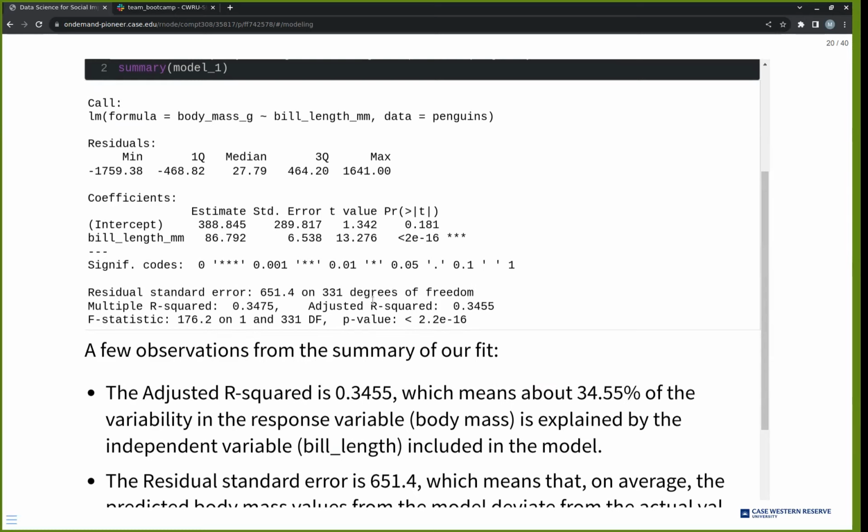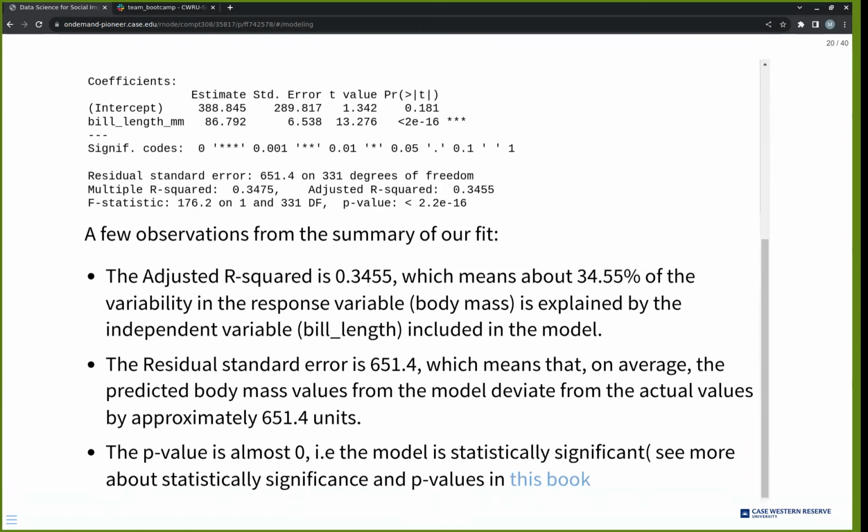So let's make a few observations from this summary of our model. As you can see, the adjusted R squared value is 0.3455, which is about 35%. What this means is that 35% of the variability in body mass is explained by bill length included in the model.